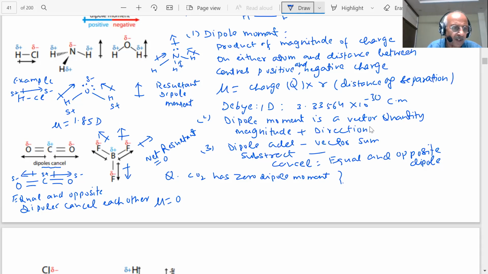Bond angle is 120 degrees. Therefore, students, the molecules can have a dipole moment 0 also. And this will change their melting points and boiling points and other properties, students, because there are properties which are dependent on this dipole moment, polarity of the molecules.